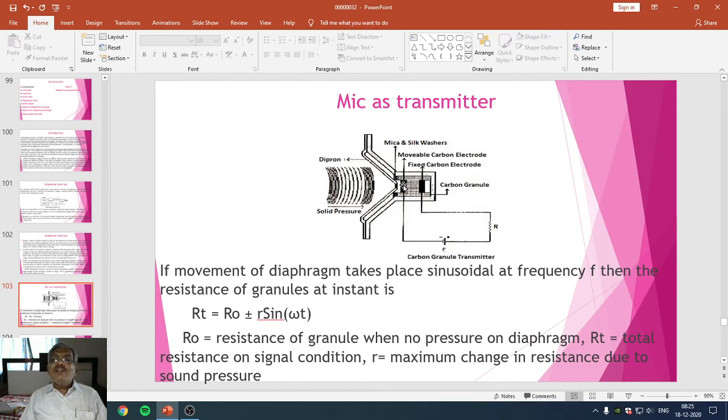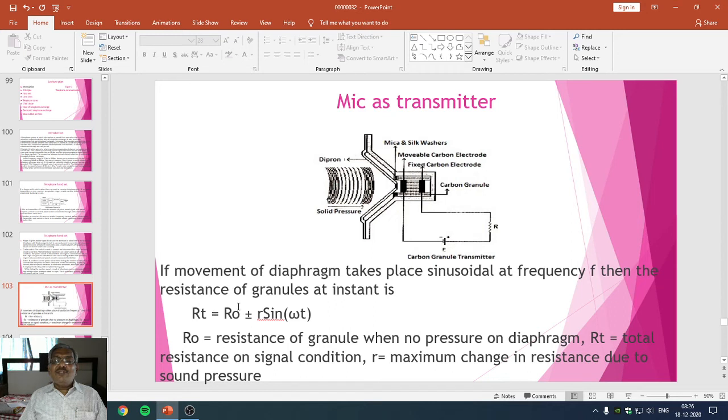At that particular instant, if the movement of the diaphragm takes place sinusoidally at a frequency f, then the resistance of the carbon granule at that particular instant is given as RT equal to R0 plus or minus r sine of omega t, where RT is the total resistance under the signal condition.